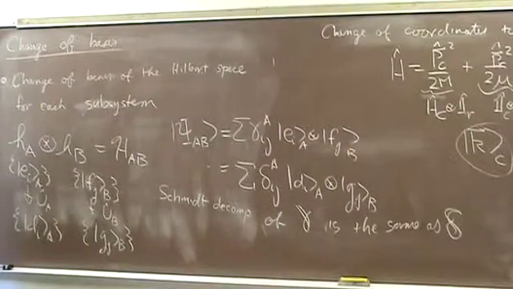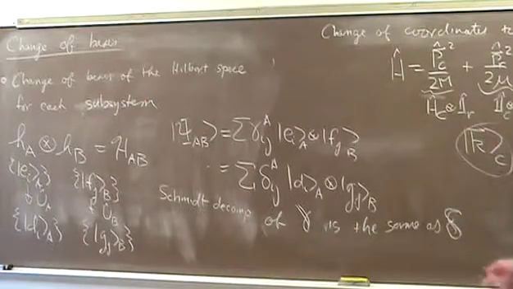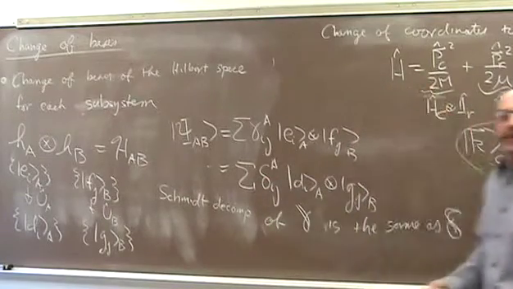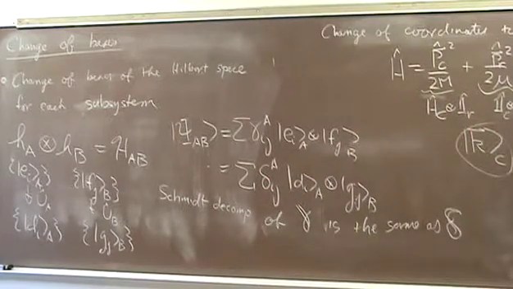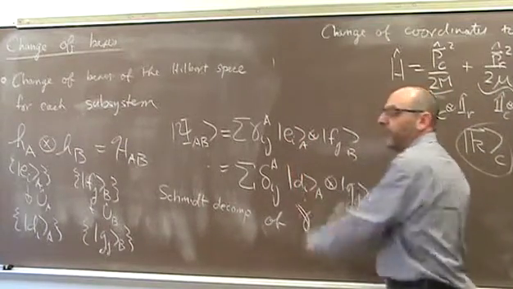Because I haven't changed the entanglement. Why haven't I changed the entanglement? Well, you can see that because all I did to get from this to this is to apply a unitary transformation that took product states to product states.